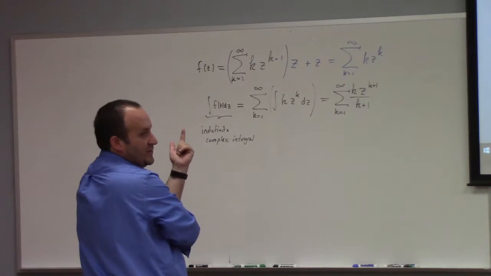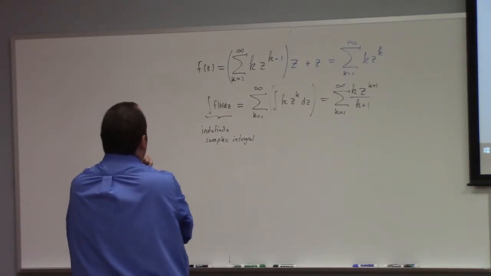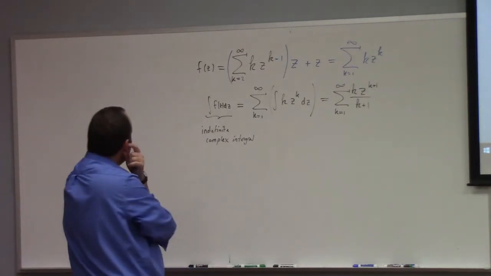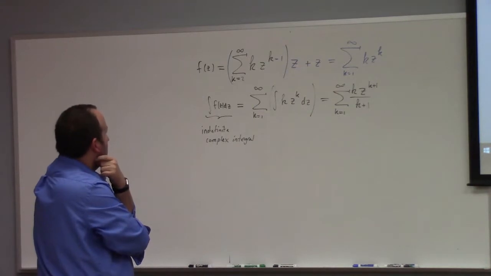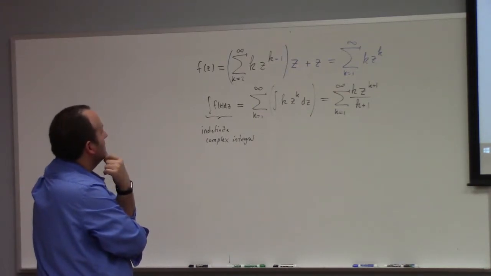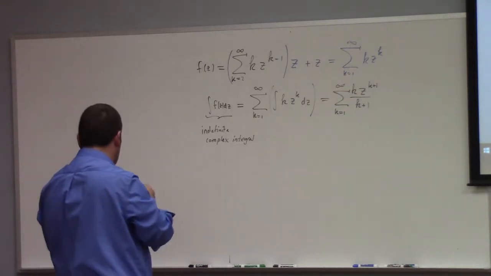So my first term is z, my second term is 2z squared. So I think if I factor out the z, I think that makes sense.